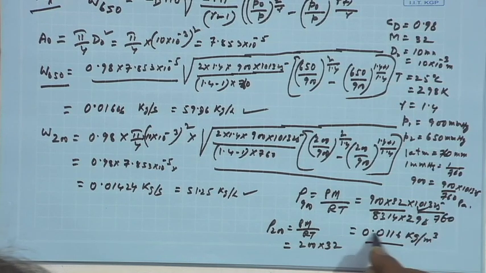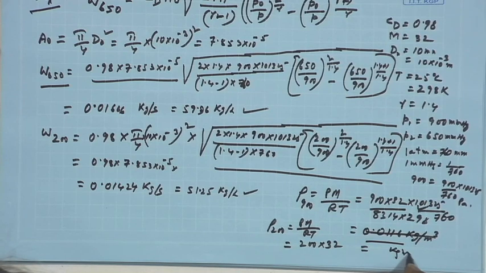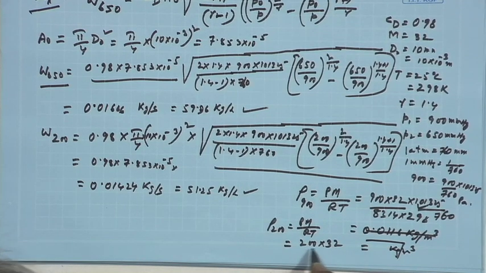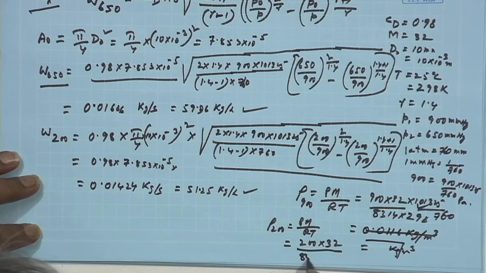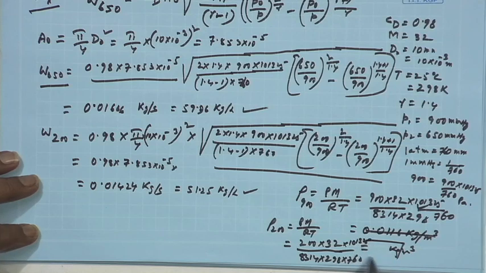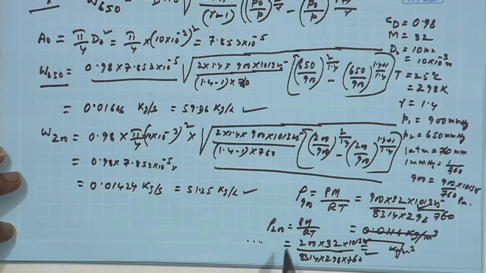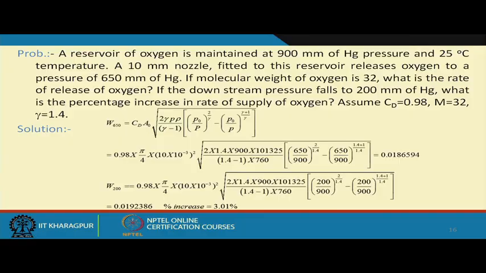So this may not be the right number, some number in kg per meter cube will be there. So here also 200 into 32 by 8314 into 298 into 760 into 101325. So this you put, that becomes equals to some value. So that rho value also has to come here, right?